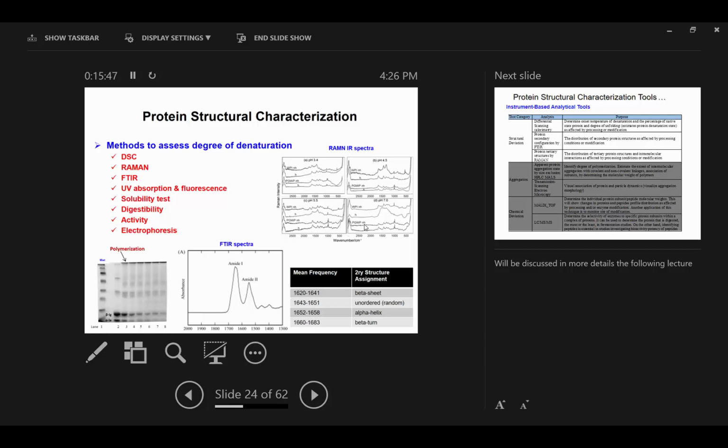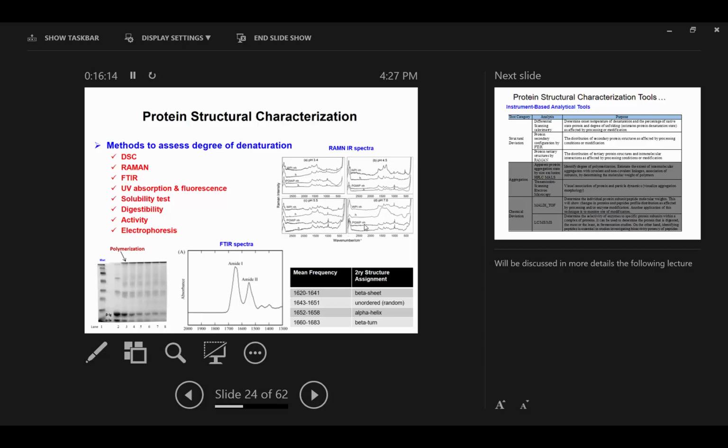In a gel, proteins move down based on size, so larger ones will not go down through the gel. In this example, the more you heat, the higher the intensity at the top, and the lower the intensity of the monomers. You can see they disappear from here and form polymers up here.